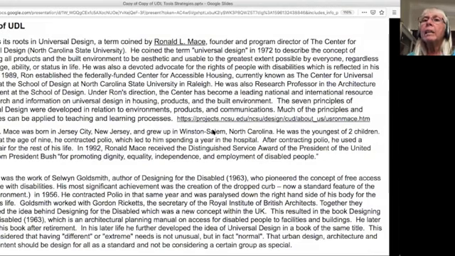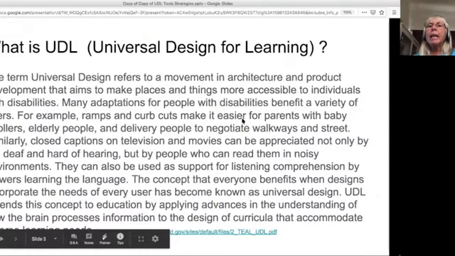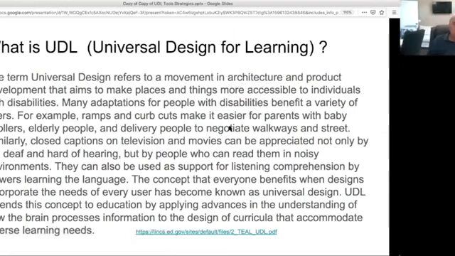Along the way, a small group got together. Can I have next slide, please? And realized that a lot of this applied to the educational environment as well. So adaptations that were made for persons with disabilities in many functions needed to be in the schools.